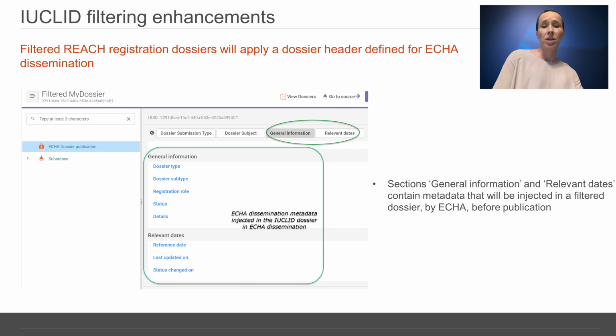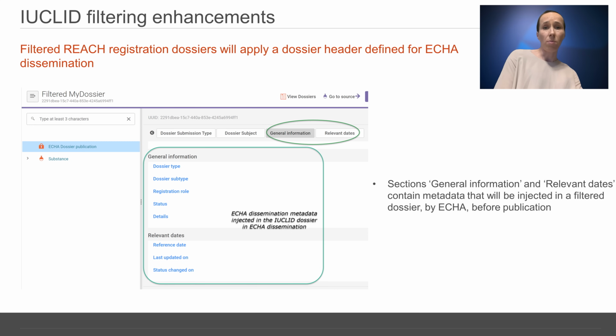The filtered REACH registration dossiers will now apply a dossier header defined for ECHA dissemination. This is a dossier header for collecting ECHA dissemination metadata. The filtered dossier header sections, general information and relevant dates, list the type of metadata that will be injected in the Euclid dossier in ECHA dissemination.